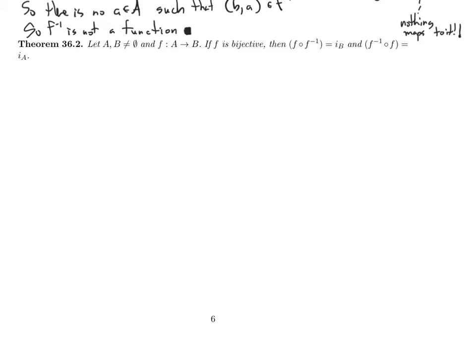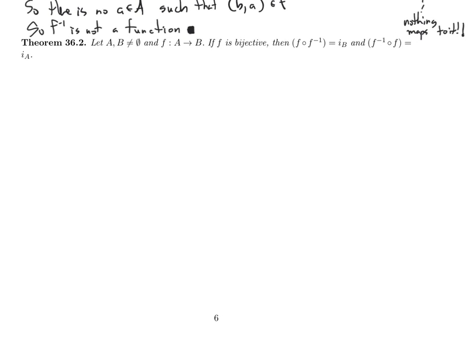Let's draw a little diagram to make sure we understand what's going on. Again, here's A, here's B. We take an element a here, we have an element b here, and f maps a to b. There's f. And the inverse maps b right back to a.